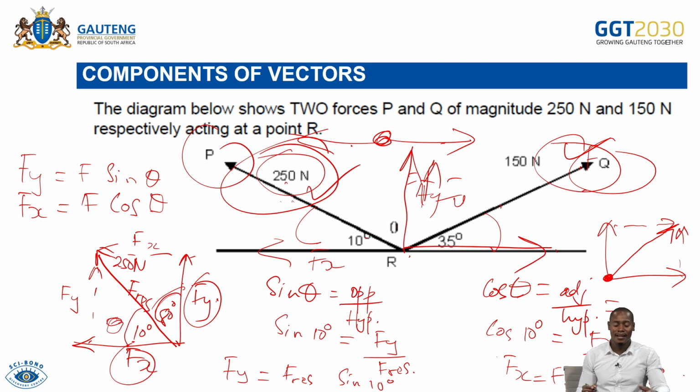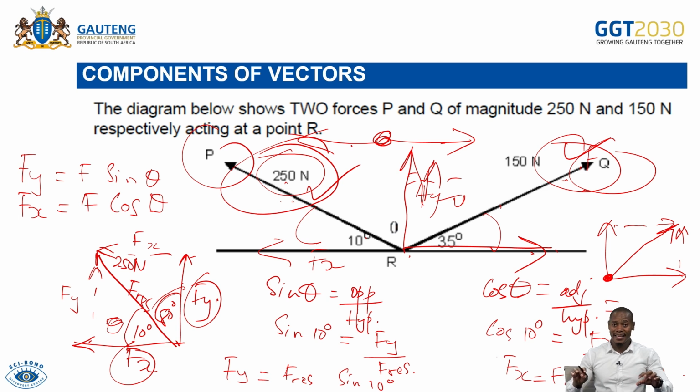Then from there, find the magnitude of each component. Fy for this, Fx for this. Fy for Q, and then Fx for Q. Then from there, you'll find that the Fy's, right, they're acting along a straight line. Then from there, what should you do? You have to find their resultant.